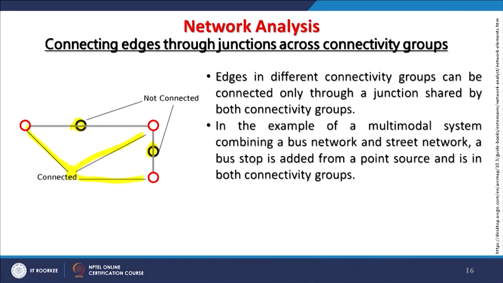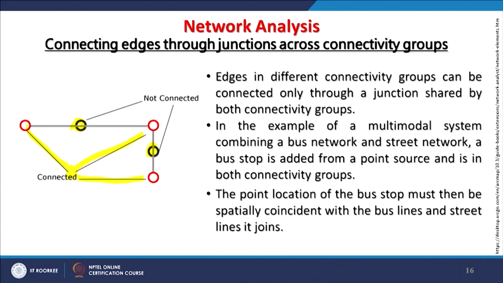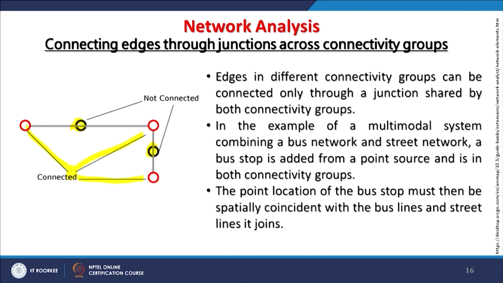In this example, a multimodal system combines a bus network and a street network, and a bus stop is added from a point source in both connectivity groups. So, by creating a junction, you can connect two different systems, multimodal systems, and a point location for a bus stop can then be spatially coincident with the bus lines and street lines also.